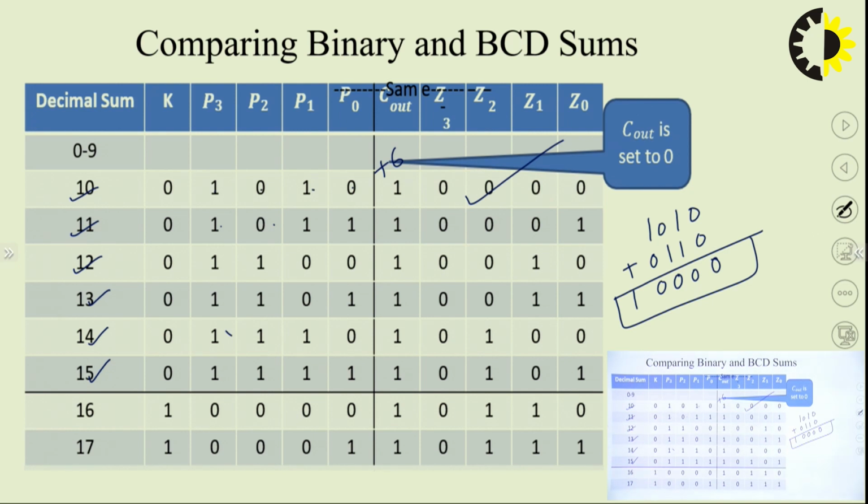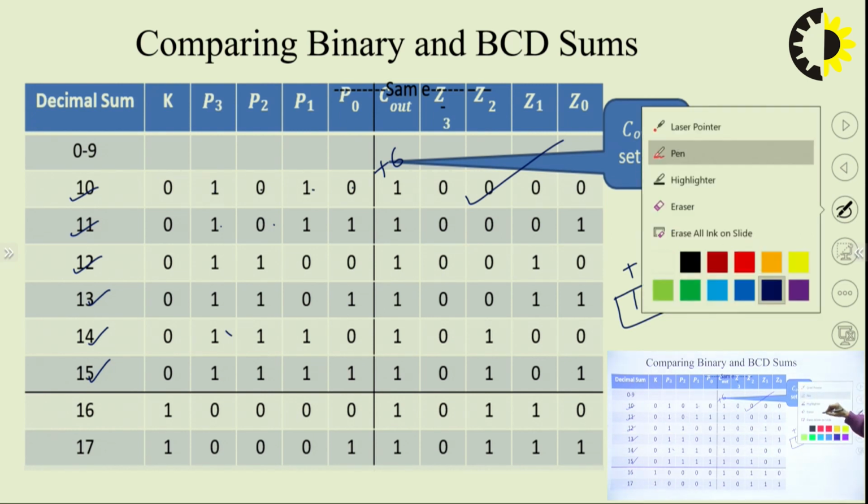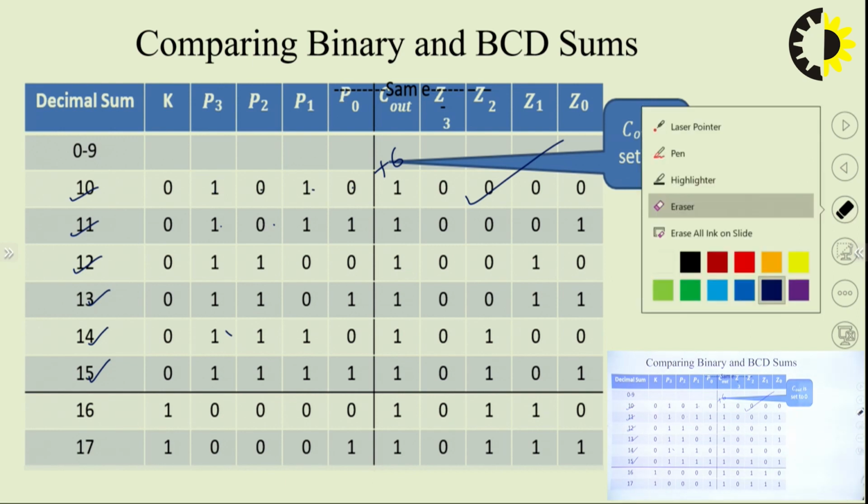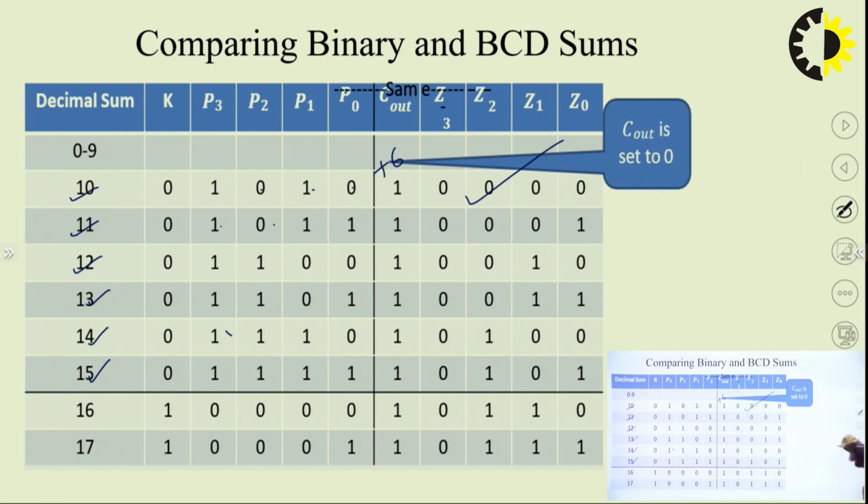That means what I am going to do, see, from this table I can see either my k is equal to 1, then applying the corrective action. The corrective action is being applied for k is equal to 1.